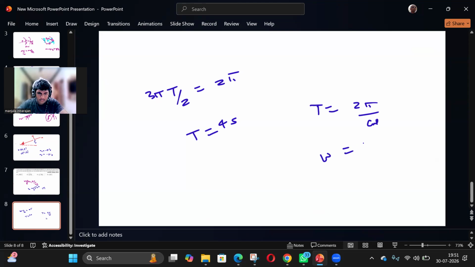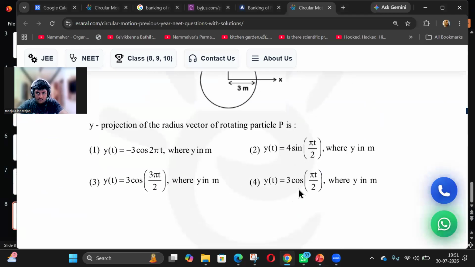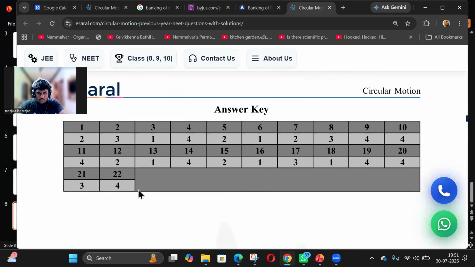So omega is pi by 2 radian per second. So this is cos omega t. So it should be this one, cos omega t. So option 4, 22. Option 4.